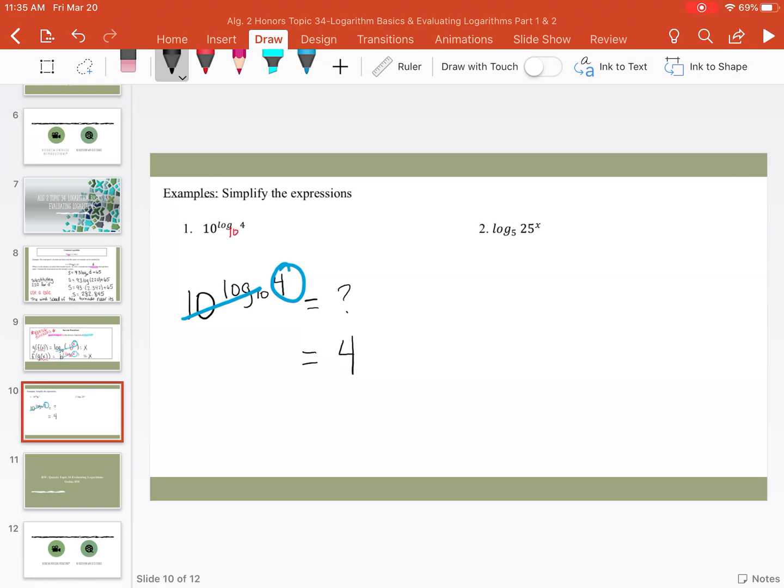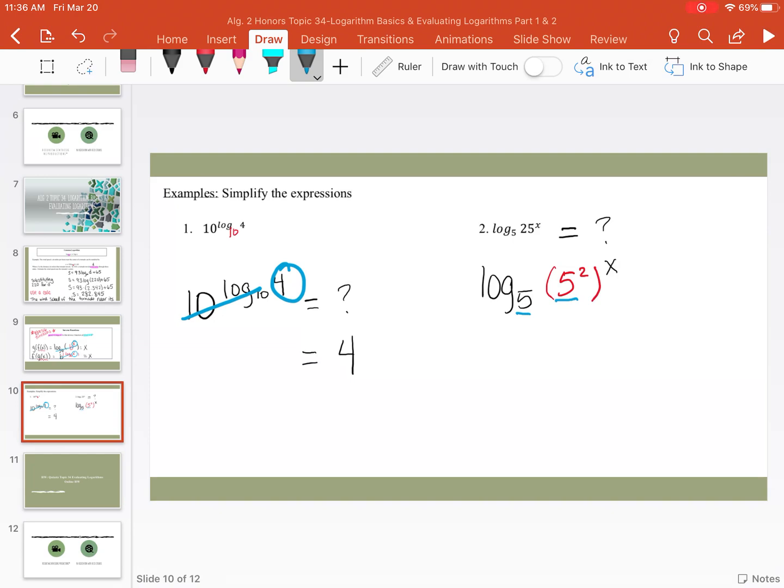Now if we have the next problem, log base 5 of 25 to the x, we want to determine what this equals. So let's rewrite it. This can be rewritten as log base 5, but our 25 can be rewritten as 5 squared to the x. Notice here how our base and then our number here match.